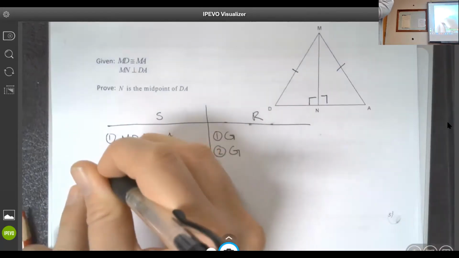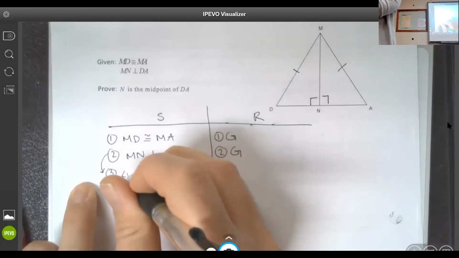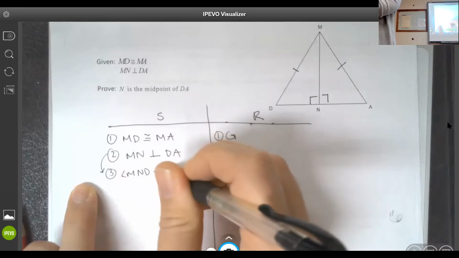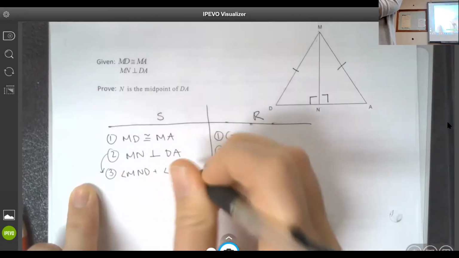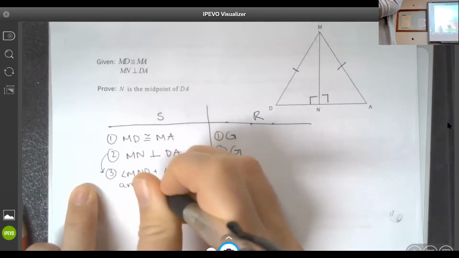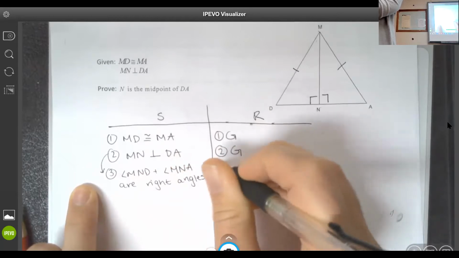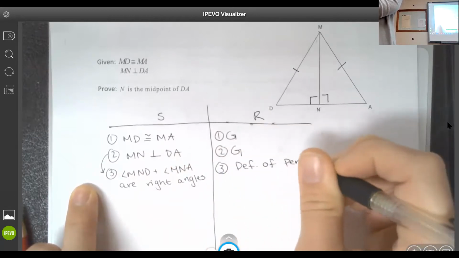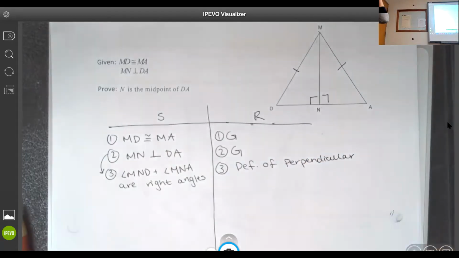So I should follow up and say that then angle MND and angle MNA are right angles. That is the definition of perpendicular. Okay.